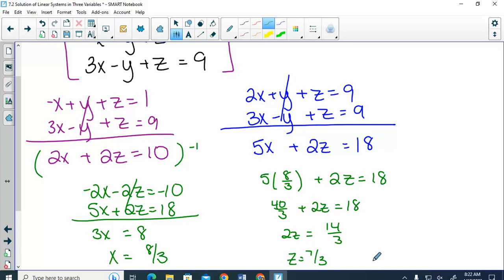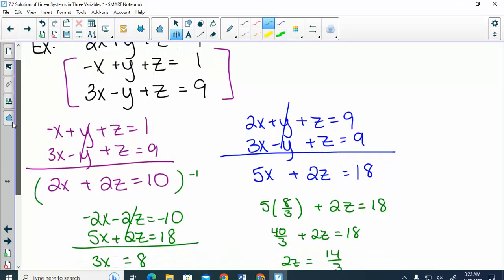So you get 7/3 for your z. And you have x and z, so we need y. You can go back to the beginning and plug it in.